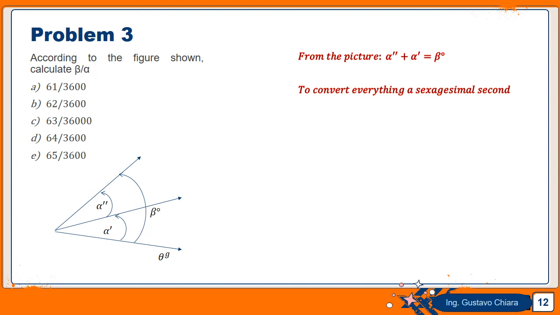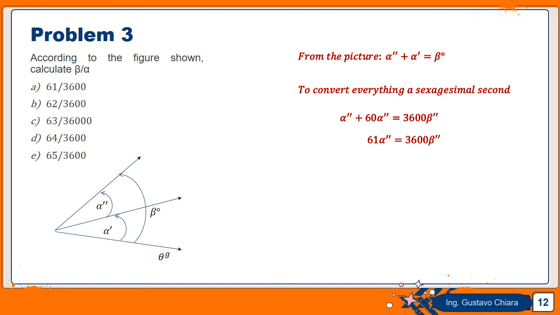To convert everything to sexagesimal seconds, remember that 1 minute is equivalent to 60 seconds, and 1 degree is equivalent to 3600 seconds. So alpha plus 60 alpha is equal to 61 alpha, equivalent to 3600 beta.